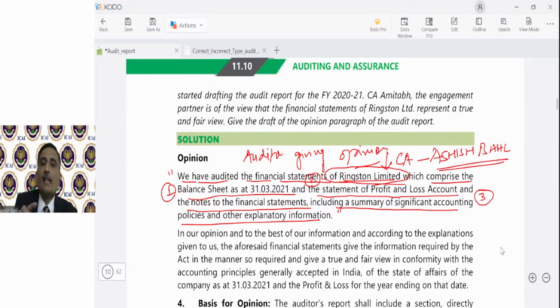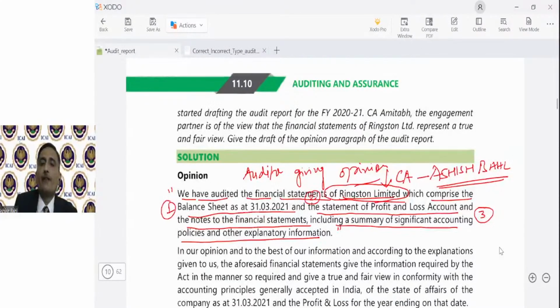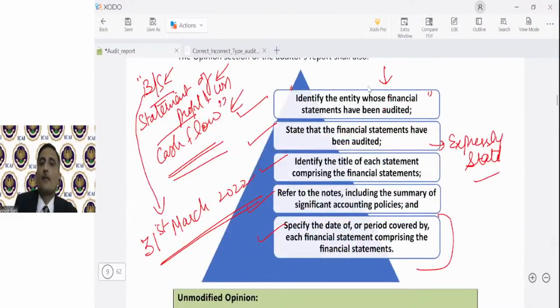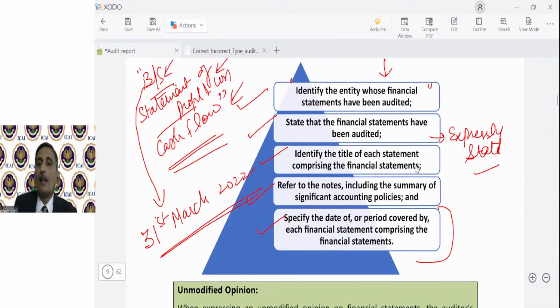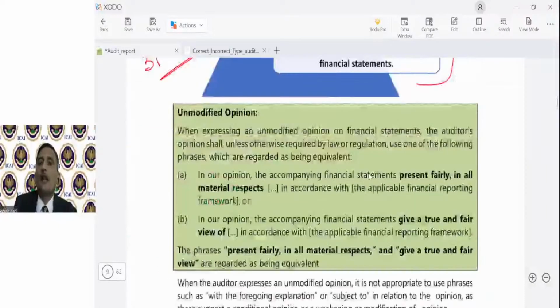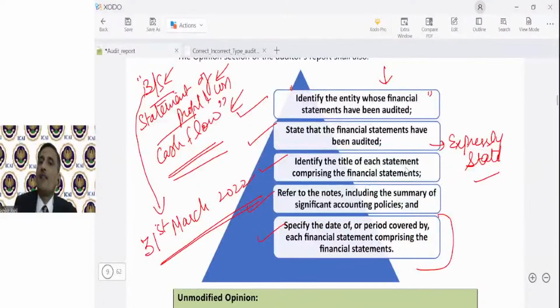So these are the things which we had studied in this chart: identify the entity whose financial statements have been audited, state that financial statements have been audited. Now it states that we have audited. Okay. And what was the third point? Identify the title of each statement. Title of each statement is done: balance sheet, statement of profit and loss, notes on accounts.